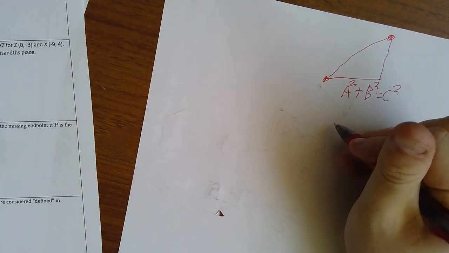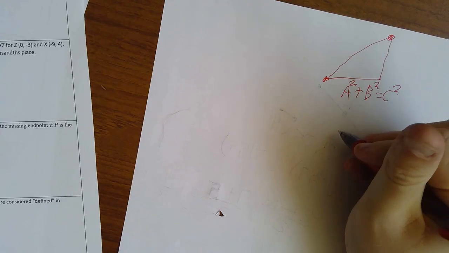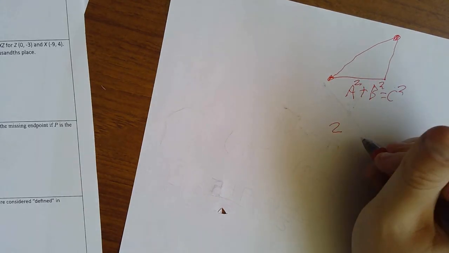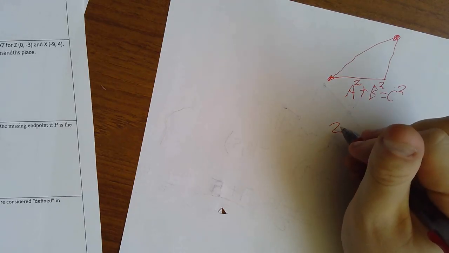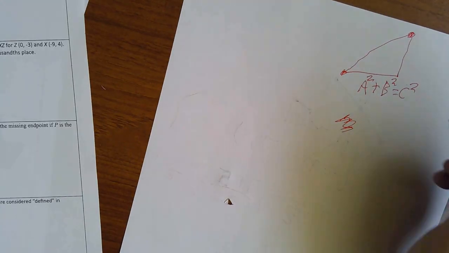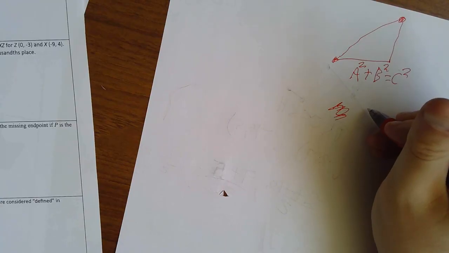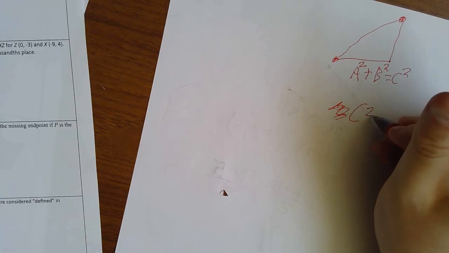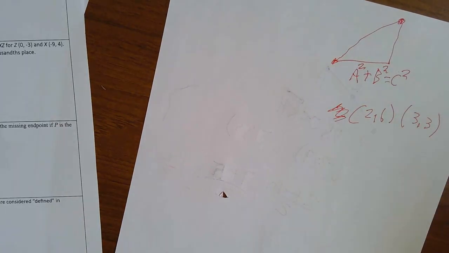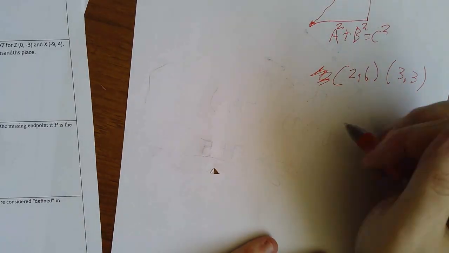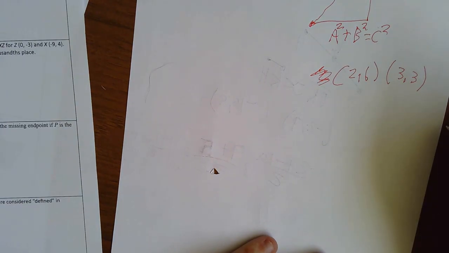So I have, for my x values, 2 and 3. Let me just write out the points. So my x value distance, maybe I should write out the distance formula.